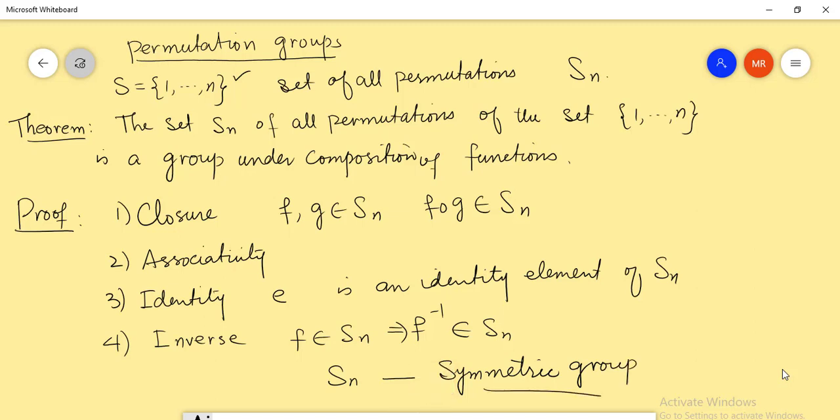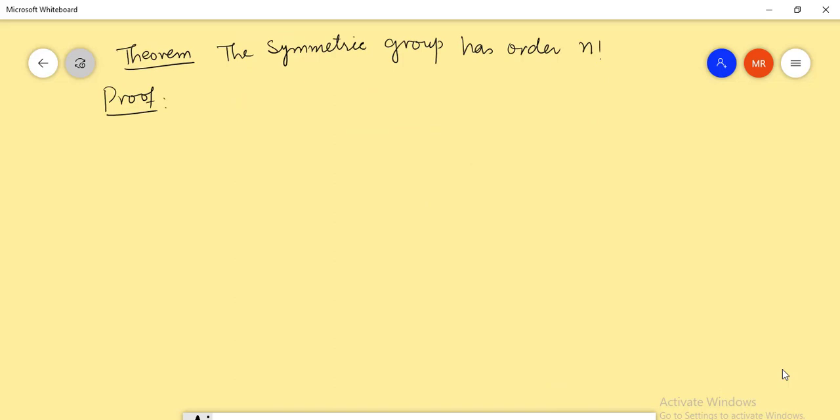In the next theorem, we will discuss what the order of this group is. So let us see. Here is our main theorem. It says that the symmetric group has order n factorial. So assume we have a set S of symbols having n elements, and we try to find all the permutations from this set onto itself.